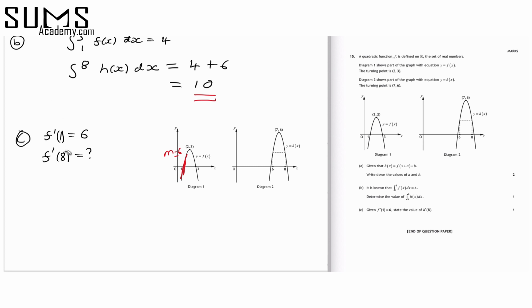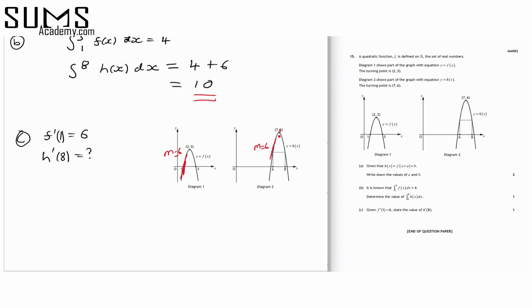Actually, this is not the question, it's h dash, my apologies, h dash of 8. Okay, and we saw from our previous questions, when you transform the equation to h, this point just moves here. So this is also going to be m equals 6 at h of 6, okay?